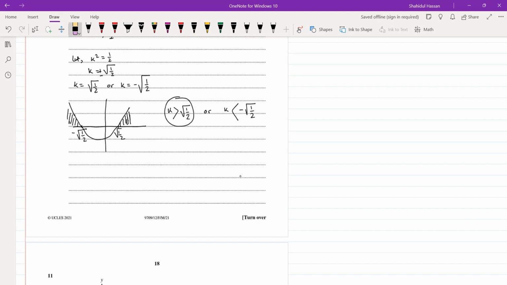So we can say k is greater than square root of half, but it should be less than 1 because of another condition. And k has no other restriction. So that's how the answer should look.